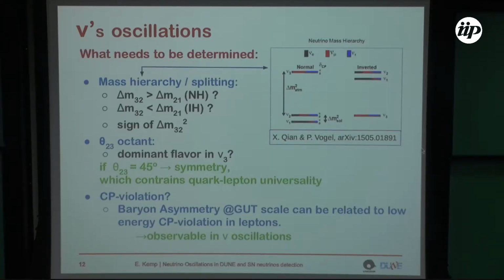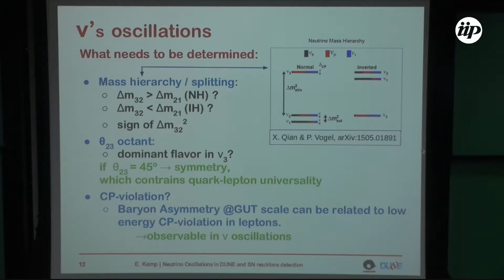And another question is related to the value of the sine square of theta 2,3 that we don't know. So again, this was discussed this morning, the mass hierarchy and splitting, also called neutrino mass spectroscopy. We have to understand if we have a normal hierarchy or inverted hierarchy, which simply means that we don't know if the nu 3 has a bigger mass than the solar split scale, or it's inverted, in the case that nu 3 is lighter than nu 1 and nu 2.